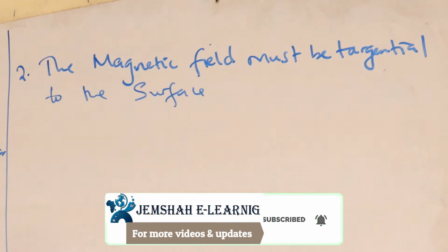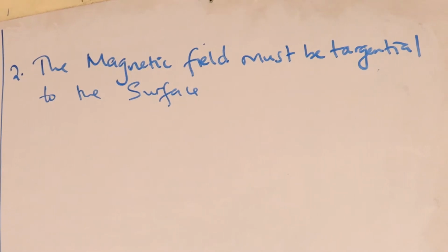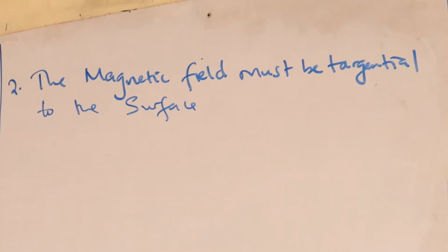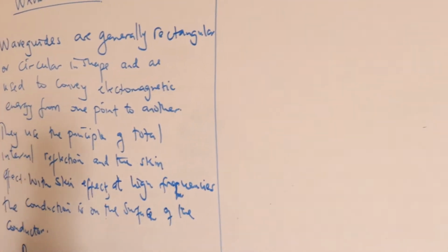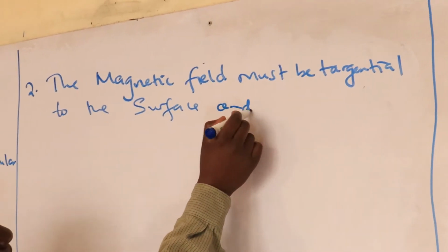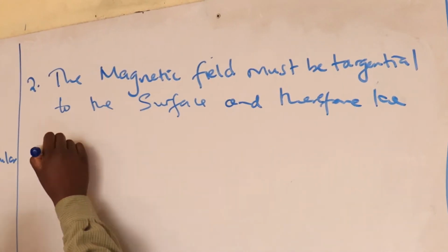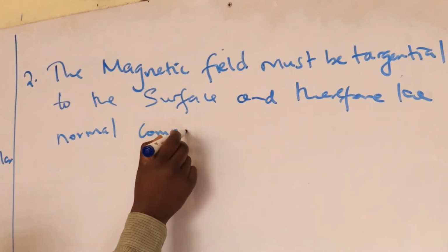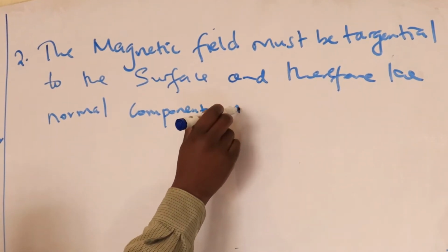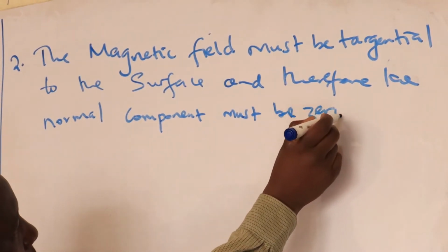The magnetic field must be tangential to the surface, and therefore the normal component must be 0.